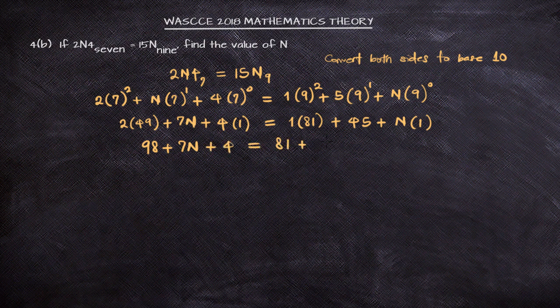and do that on both sides, eventually what we are going to have is that we can collect the n to one side so that we have 7n minus n is equal to 81 plus 45, then minus 98 and minus 4 when they move to the right hand side. So we have 6n is the sum of all this.